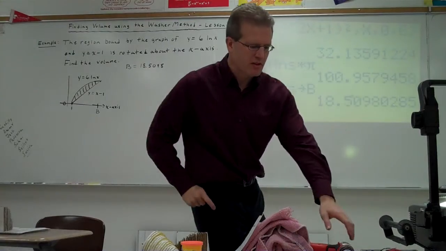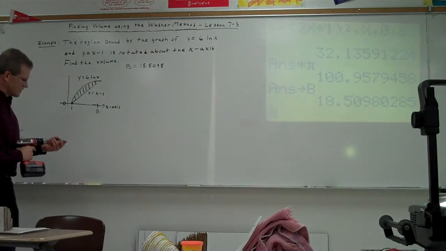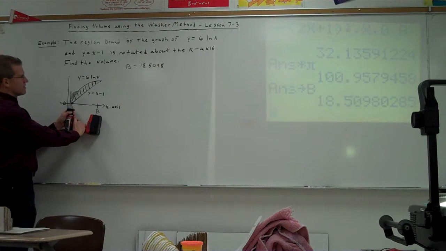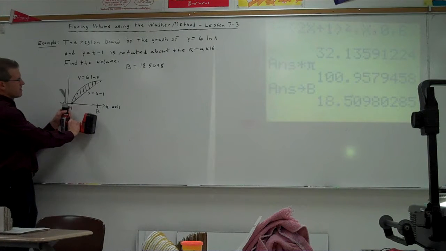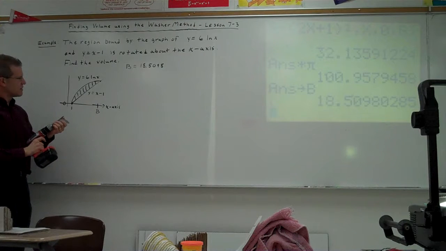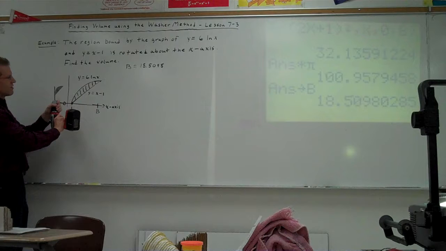So I got my drill today to maybe help us with that a little bit. Actually, this shape isn't quite the right shape, is it? If I do this, it would go around the y-axis, wouldn't it? Like that. It's not quite the right shape. In fact, let's change the problem to make it match. Let's go around the y-axis. That way it'll actually be this shape that we're seeing right here.